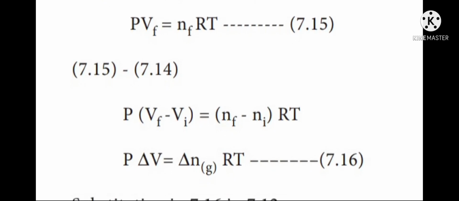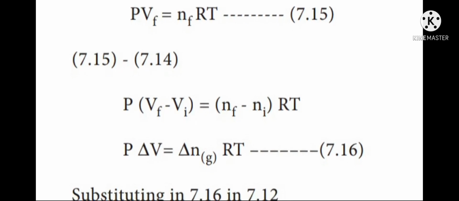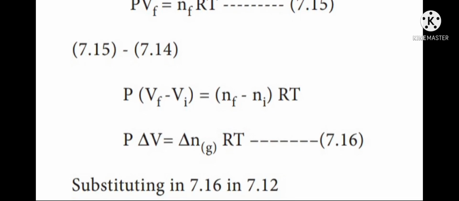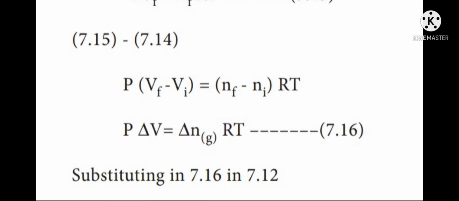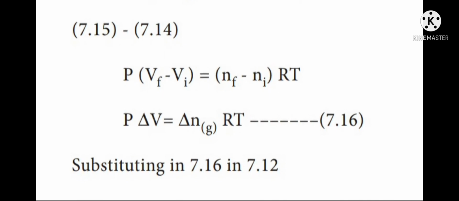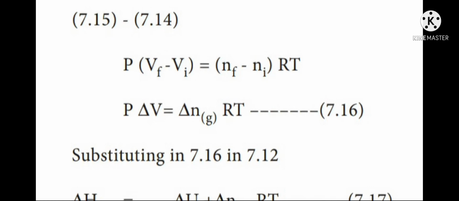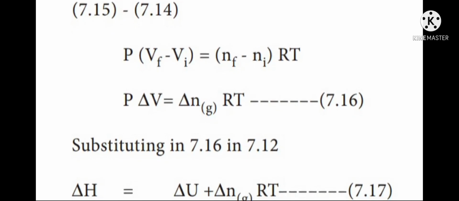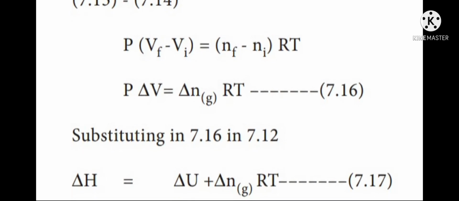P into delta V is equal to delta Ng into RT. It is given by equation 7.16. Now substituting equation 7.16 in equation 7.12, finally we will get delta H is equal to delta U plus delta Ng into RT. It is given by equation 7.17.